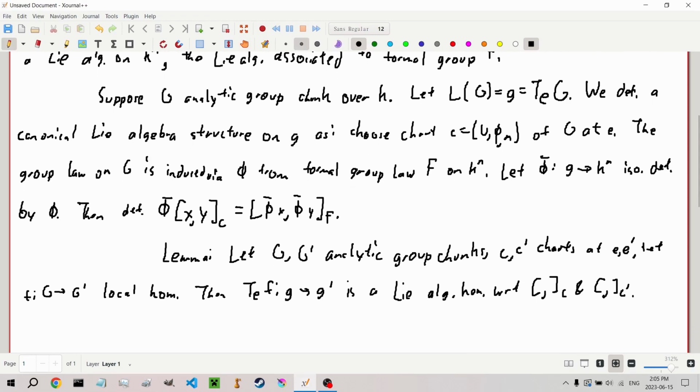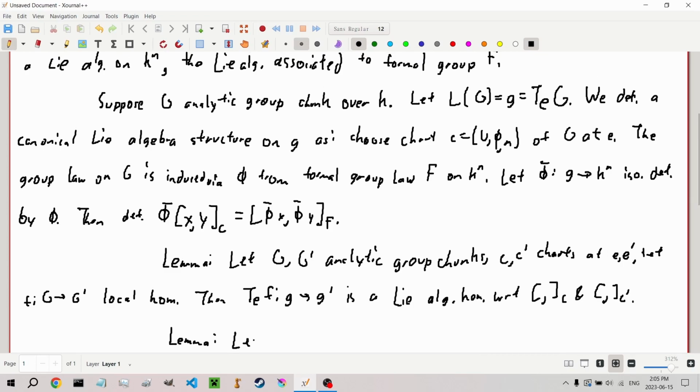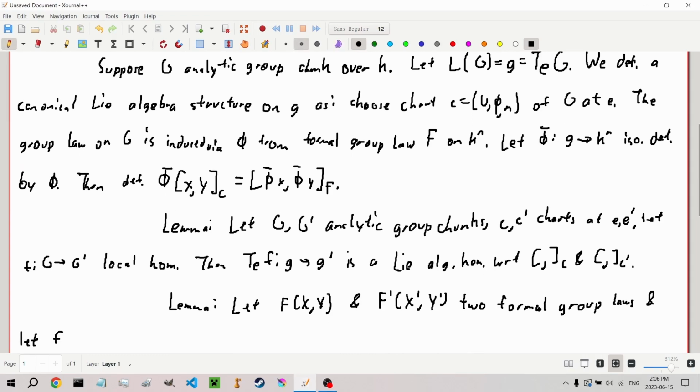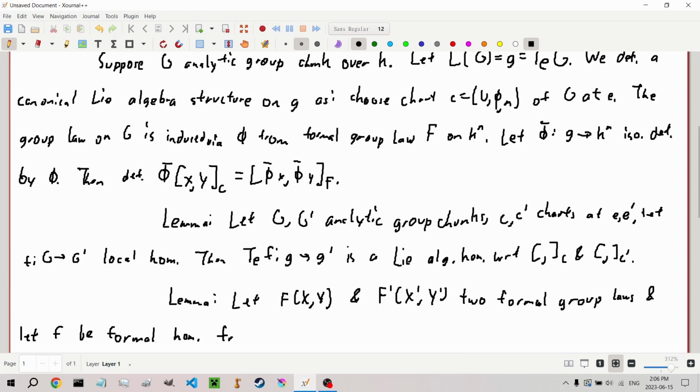We prove this by a second lemma, where we let F of X and Y and F prime of X prime and Y prime be two formal group laws, and we let F be a formal homomorphism from F to F prime.